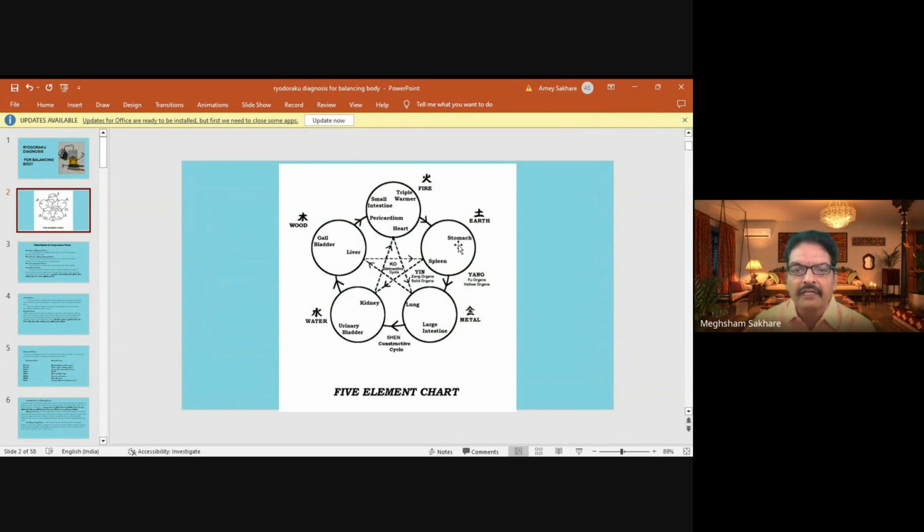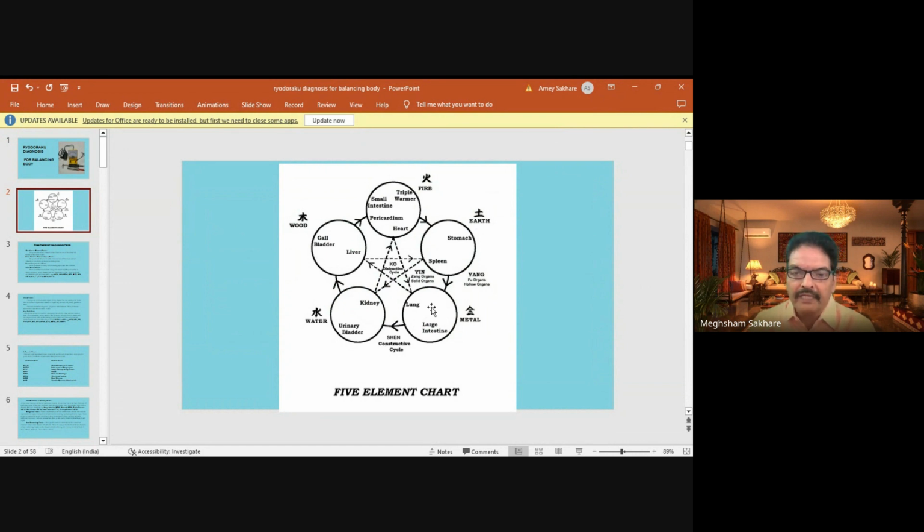From the earth, you will find the metal, that is lung and large intestine, having the metal element. When metal is excess, you will find lung problems, that is asthmatic attack or skin problems, and large intestine digestion problems, constipation.